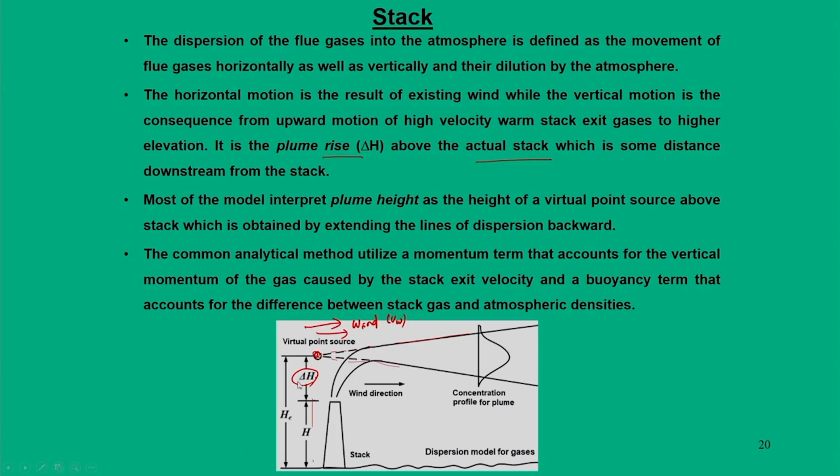Now, to analyze this delta H, we need to use analytical methods that utilize momentum terms to account for the vertical momentum of the gas caused by the stack exit velocity and buoyancy, because the dispersion takes place through buoyancy or density difference of the stack and atmospheric air.